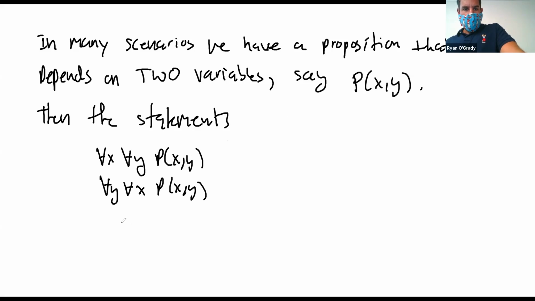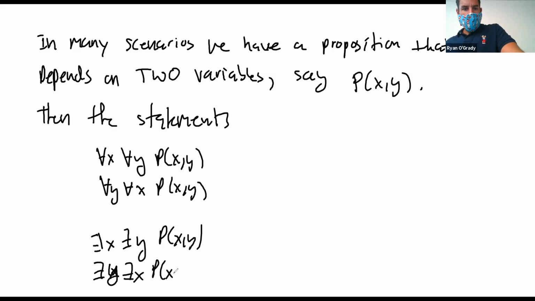What's the next scenario? Another is there exists X, there exists Y, or, I should say, there exists Y, there exists X, P of X, Y.